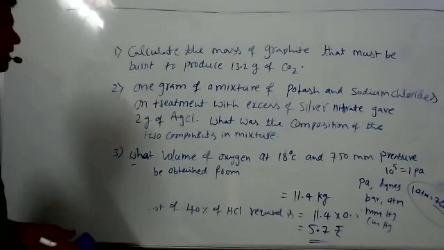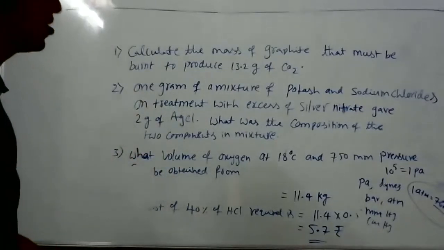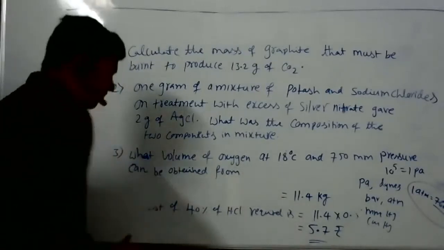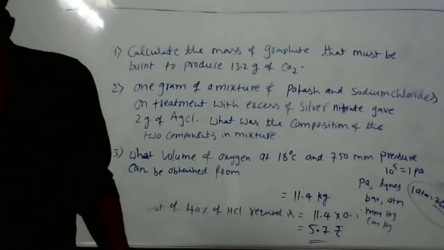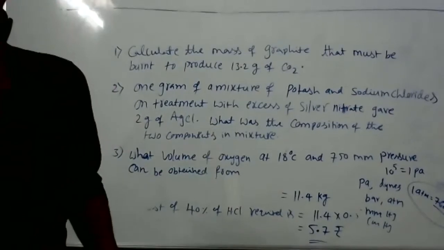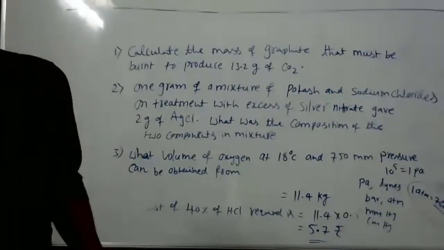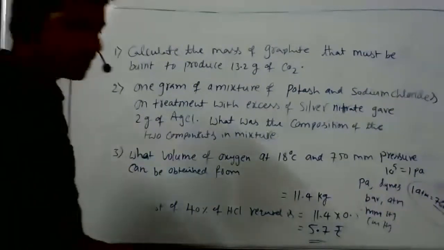What volume of oxygen at 18 degrees centigrade and 750 mm of Hg pressure can be obtained from 10 grams of potassium chlorate?